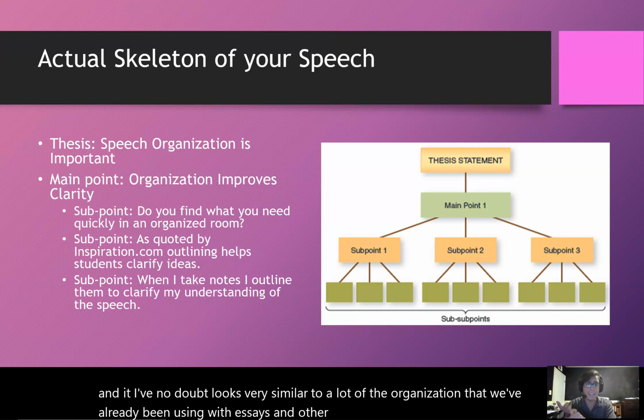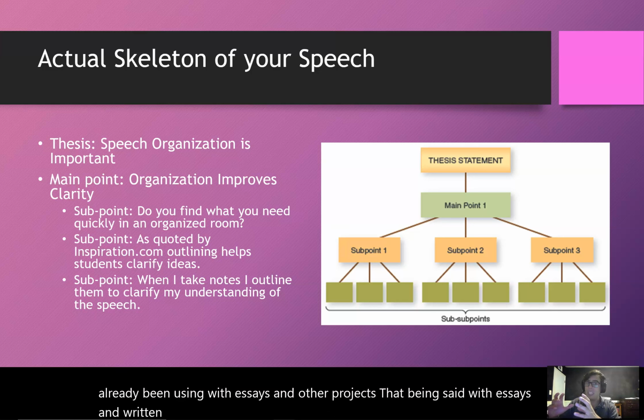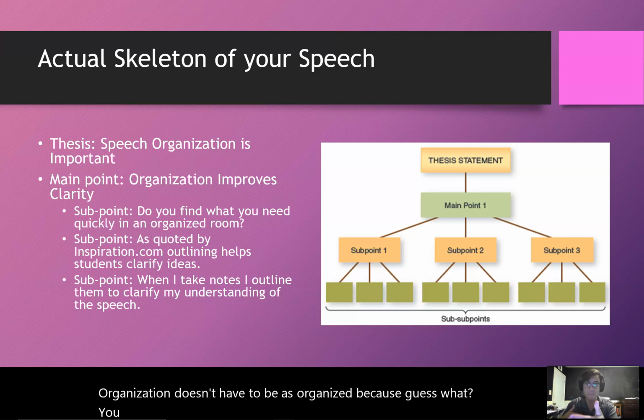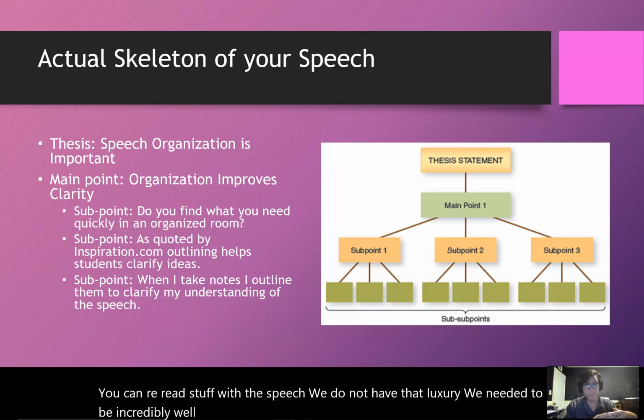That being said, with essays and written work, organization doesn't have to be as organized because guess what? You can reread stuff. With a speech, we do not have that luxury. We need it to be incredibly well organized. Otherwise, the listener may miss big parts of the speech.